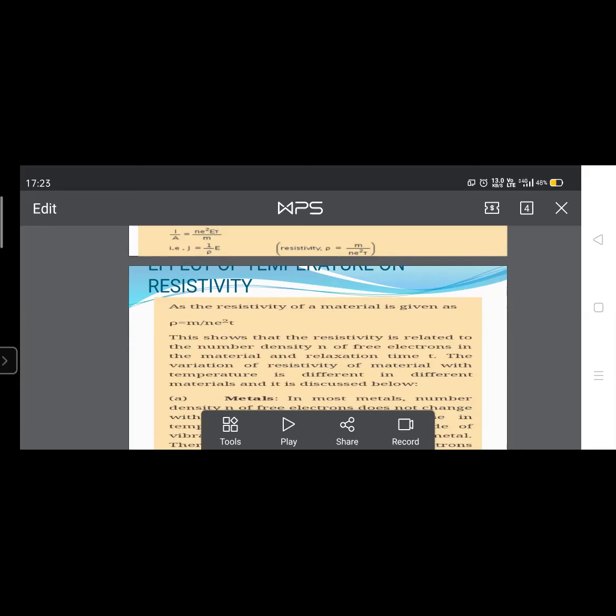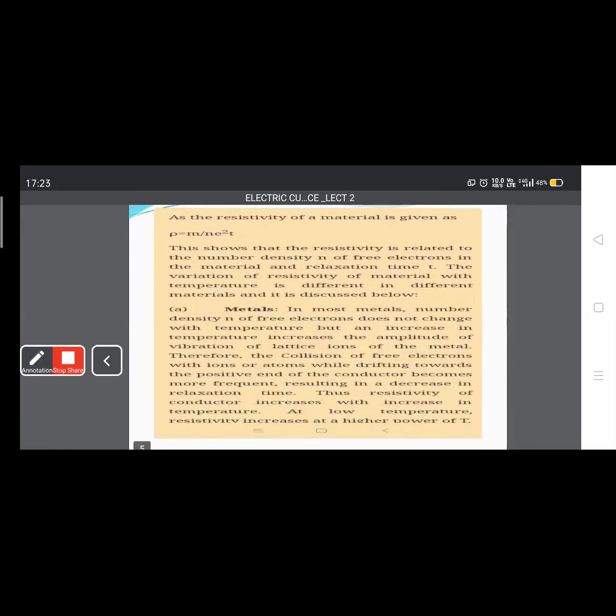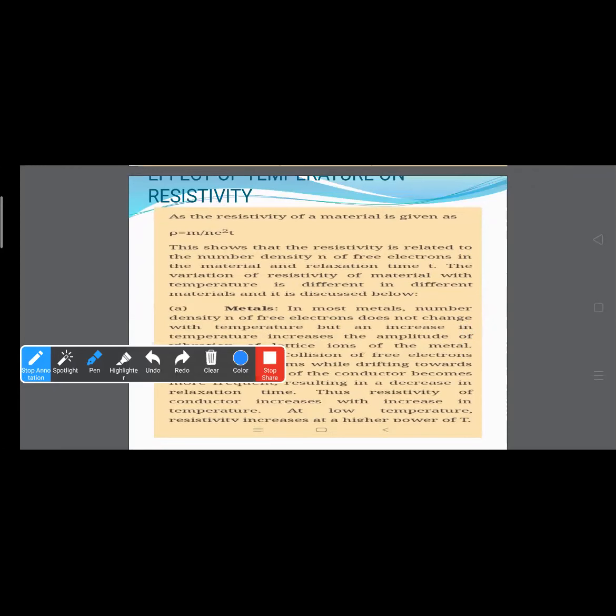That means when we heat the material, the resistance will decrease or the resistance will increase.